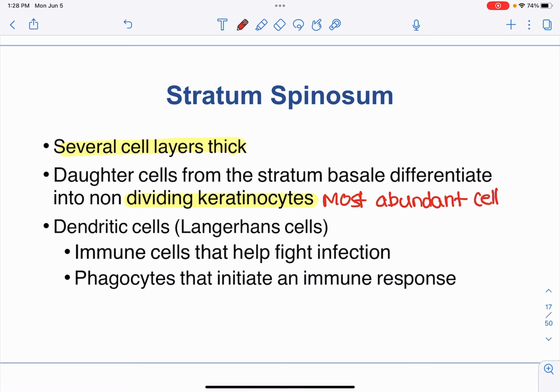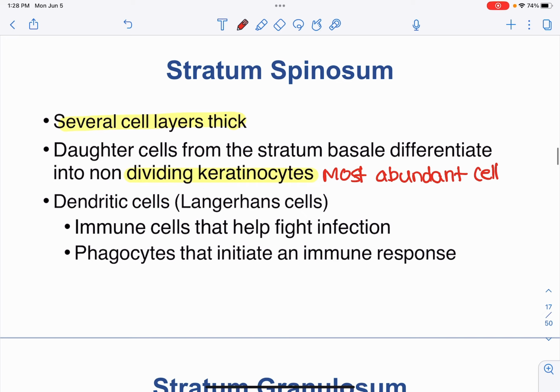There are Langerhans cells, which are immune cells that help fight infection. They are phagocytes, meaning they go around like Pac-Man and gobble up things that shouldn't be there, as well as initiate an immune response.